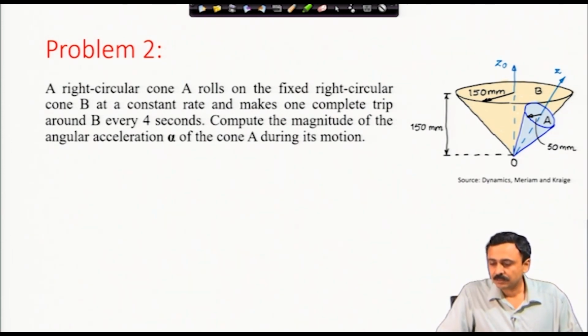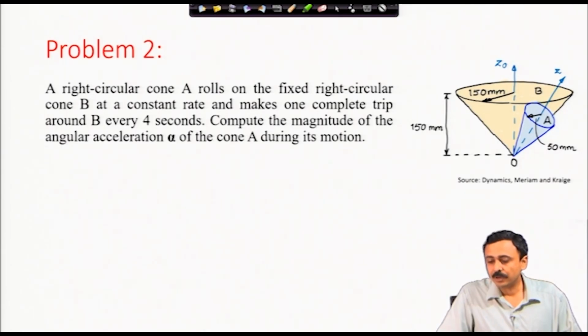Now, this is a problem of one cone rolling over a fixed cone. We will encounter these kinds of systems in later lectures as well.